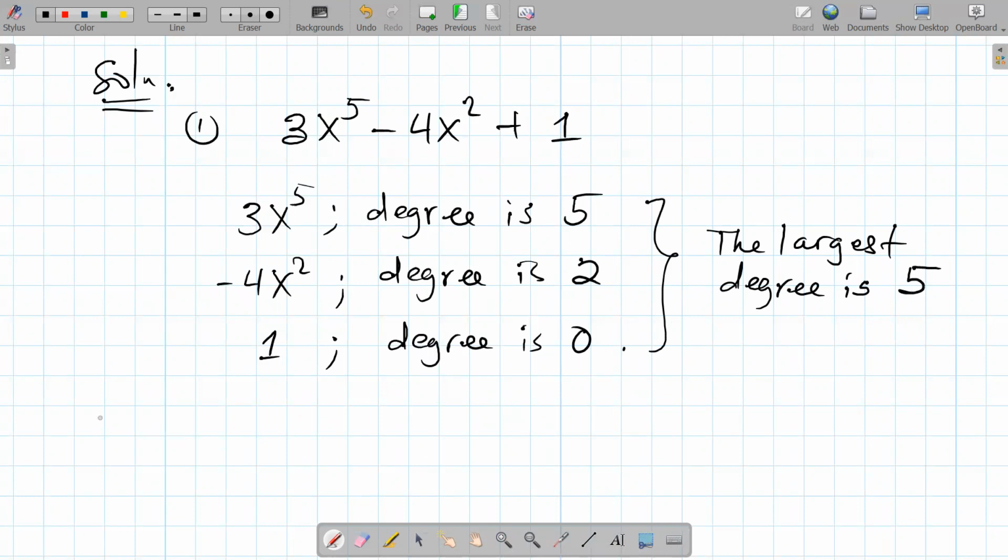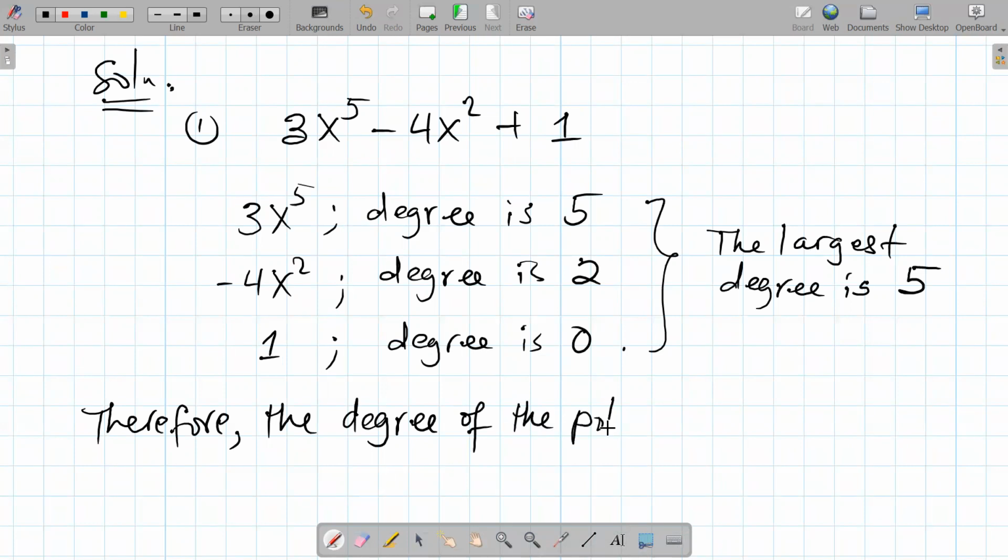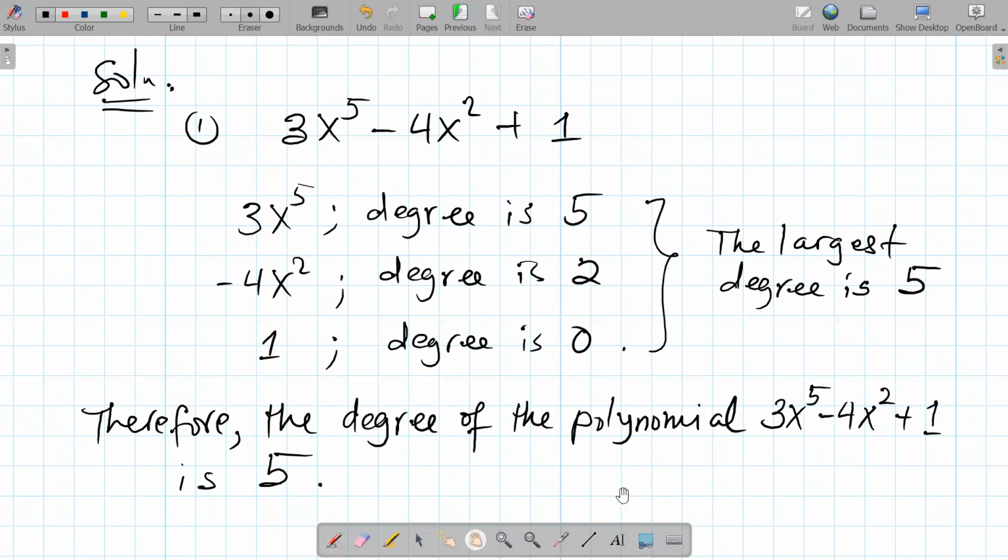Okay, so that tells me, therefore, the degree of the given polynomial 3x^5 minus 4x squared plus 1 is 5. Simple as that.